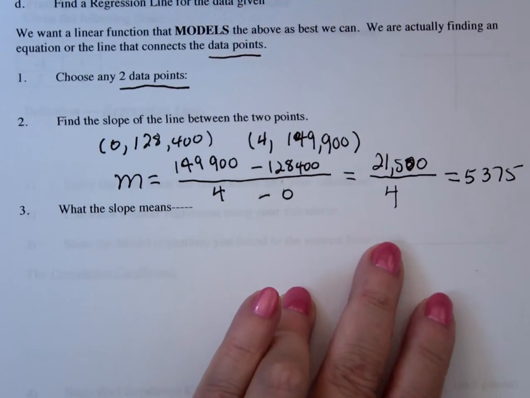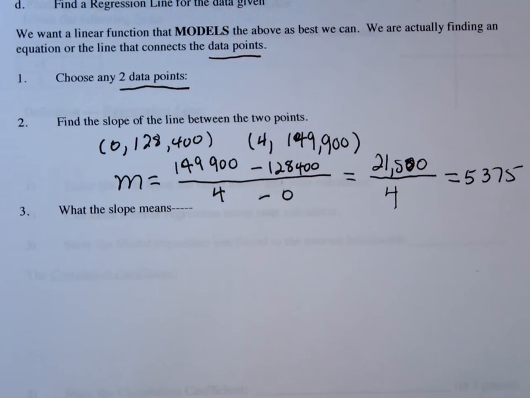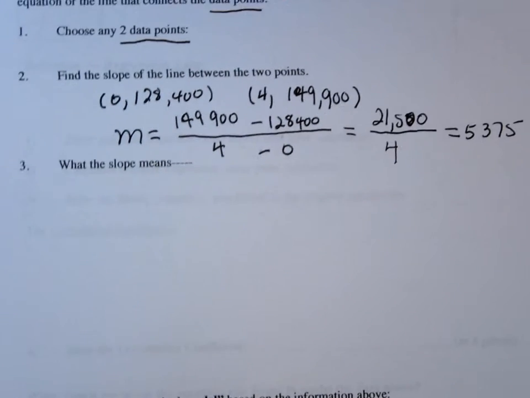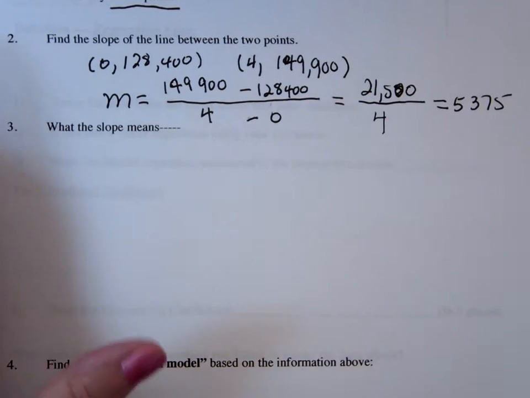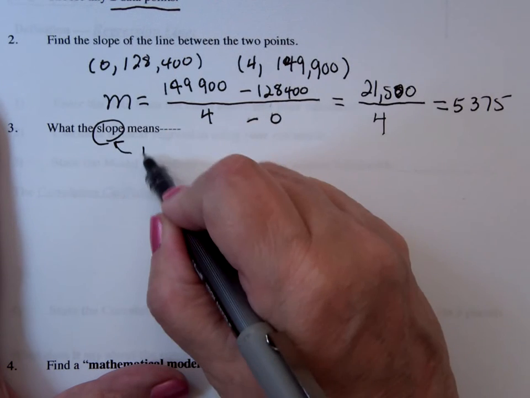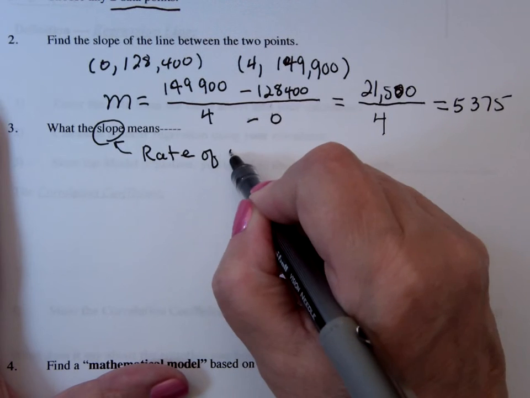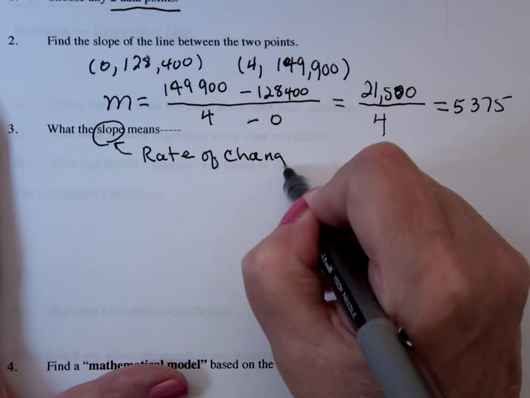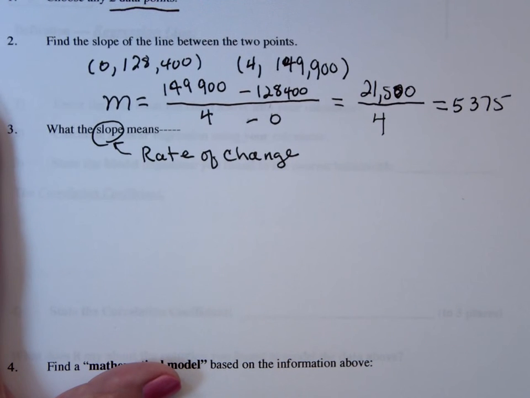And then the next question ends up being, what does that mean? We spend a lot of time in calculus on what does that mean? Well, the slope itself is what we call a rate of change. It's how fast or how slow something is changing.